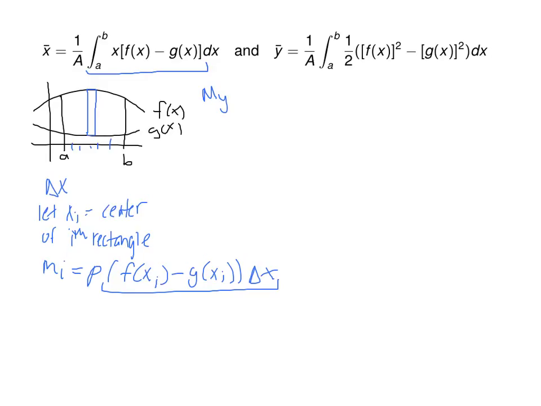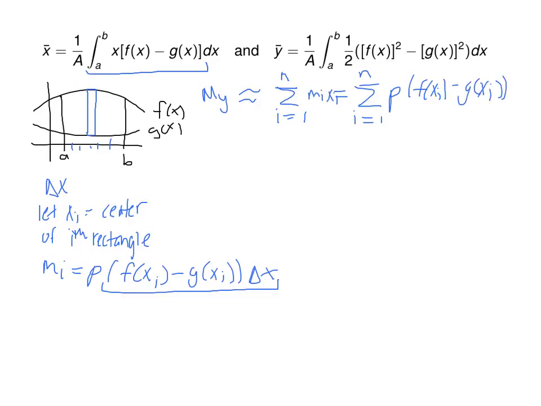We then have that the moments about the y-axis are about equal to a sum of all these individual m sub i's, from i equals 1 to n, m sub i, x sub i, or a sum from i equals 1 to n of rho times f of x sub i minus g of x sub i, x sub i delta x.